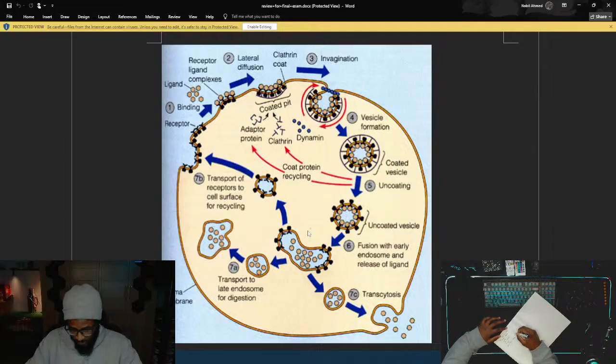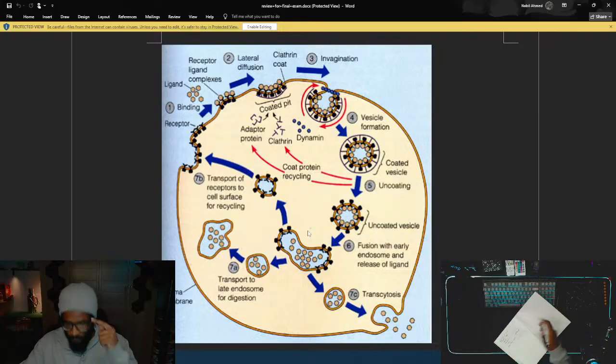Transport to the late endosome, transport of the receptor to the cell surface for recycling, and then transcytosis.